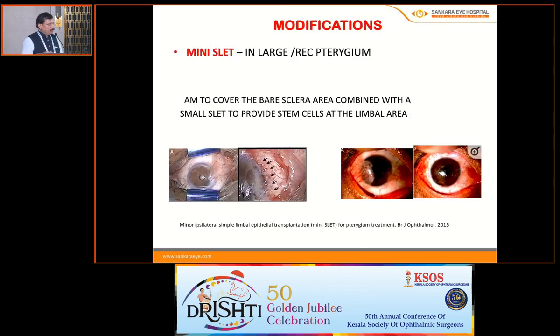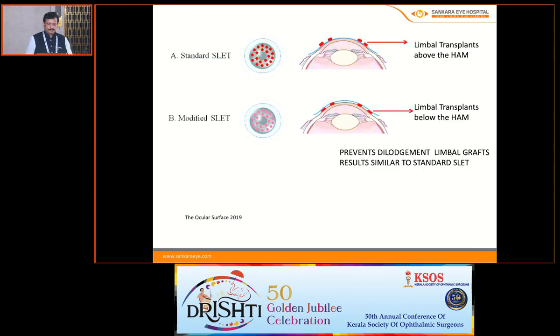There have been many modifications of this SLET procedure, especially in recurrent pterygium. Actually the pterygium is also one of the causes, it is due to limbal cell deficiency. After excising the pterygium, you place the amniotic membrane on the scleral side and on the cornea side. On the cornea side, you put a small bit of epithelial cells that would prevent the recurrence, and also it will replenish the stem cells.